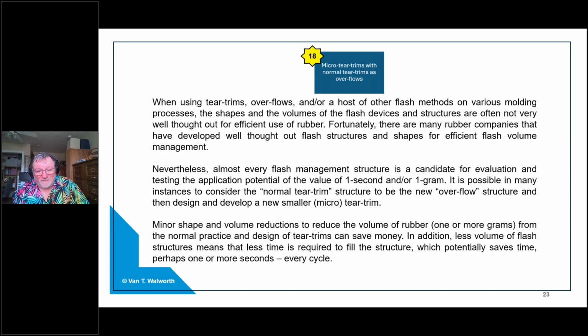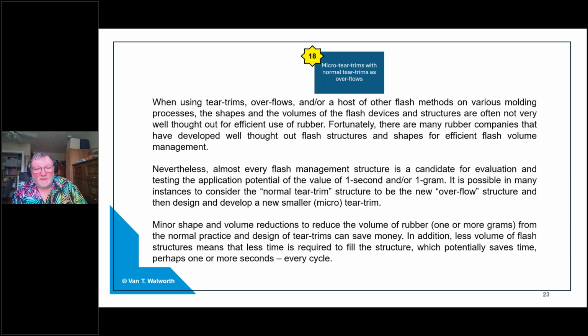Not in the mold that you've built, but the next one that you build can be designed with a smaller tear trim and an overflow that's not going to completely fill. Therefore, you're using less rubber. Other rubber companies have come up with some standards of a tear trim that is a certain size.